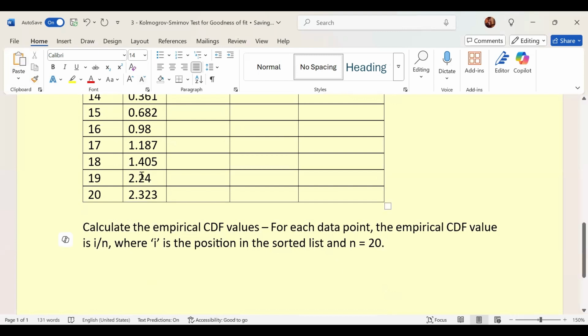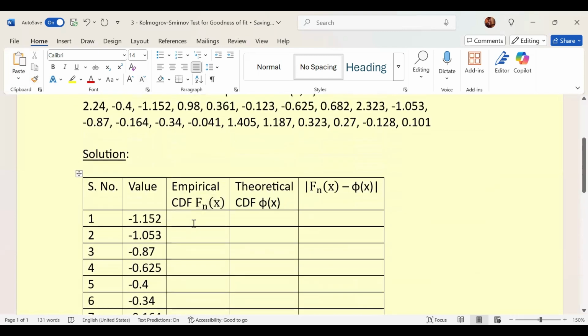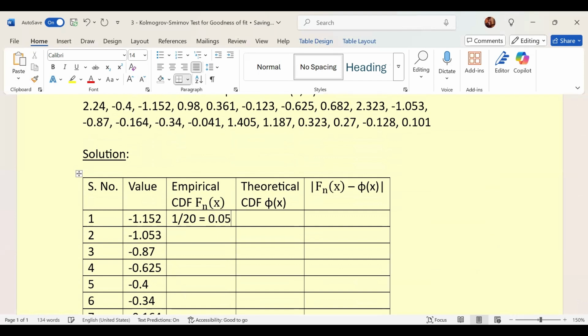So the first one will be 1 divided by 20, which gives us 0.050.